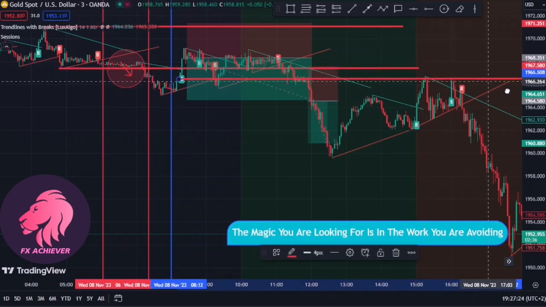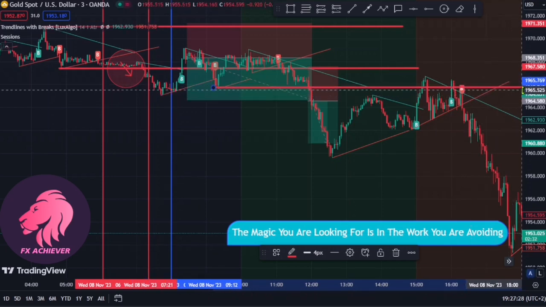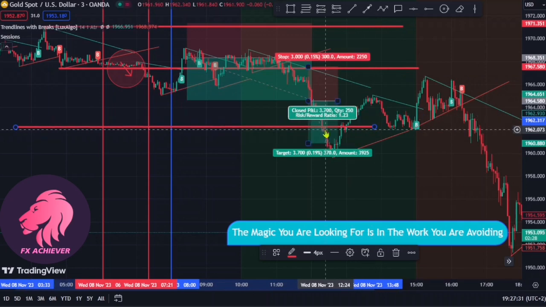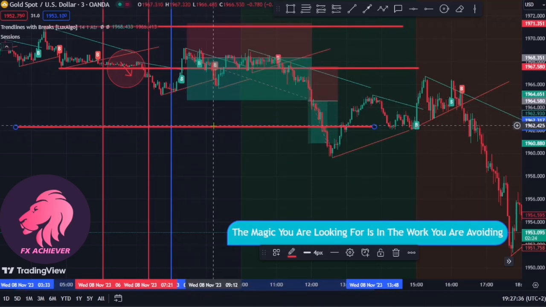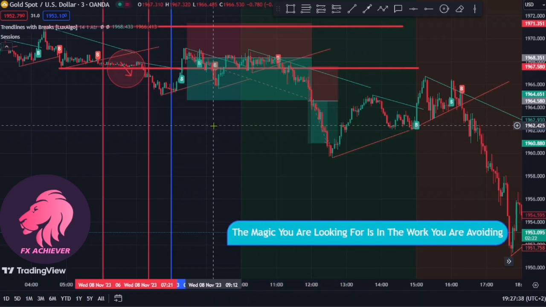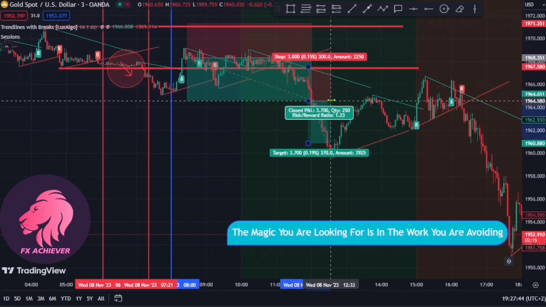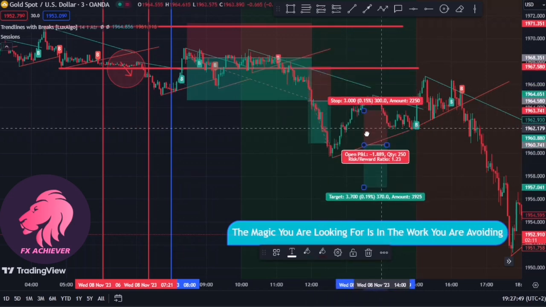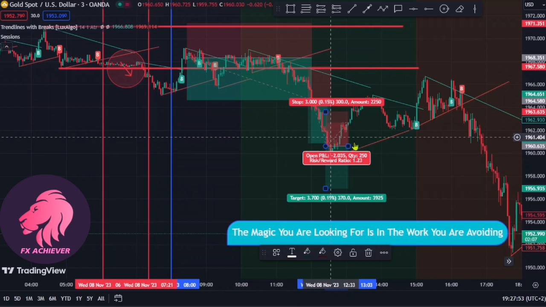As you can see, price didn't break any higher lows. It's been constantly breaking the lower lows. And in order for me to consider myself a consistent trader, I do the same thing. What I did there, I also do it here.